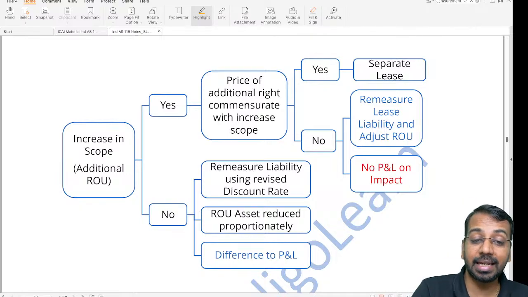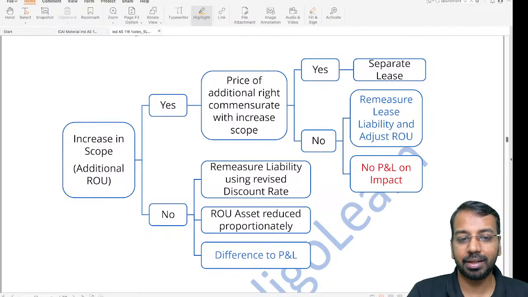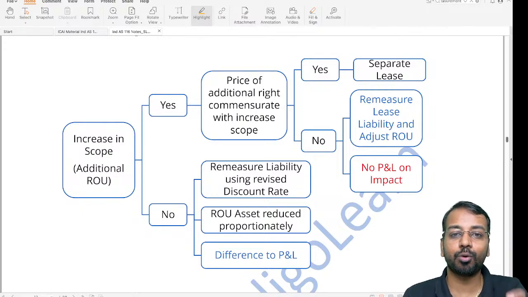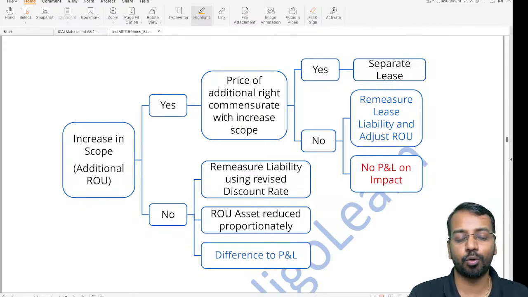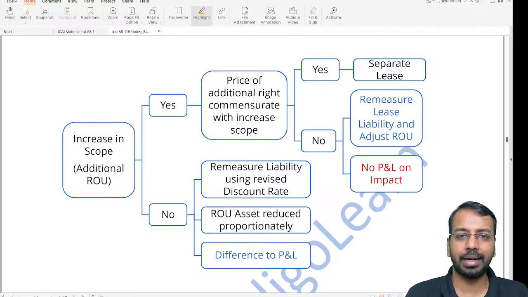If there is an increase in scope, then check whether the additional right is coming with a price which is same as compared to increase in scope. Now, what do I mean by that? Basically, let us say one floor currently I have taken at 10,000 rupees.